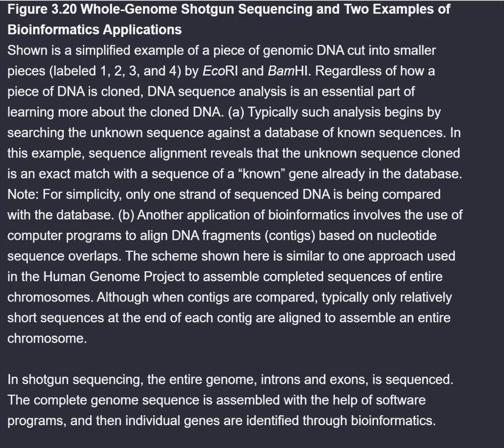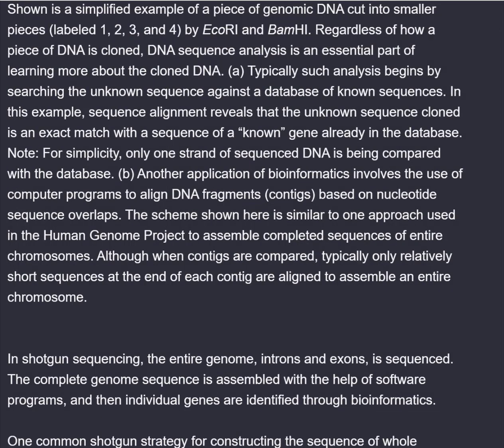Figure 3.20 Whole genome shotgun sequencing and two examples of bioinformatics applications. Shown is a simplified example of a piece of genomic DNA cut into smaller pieces, labeled 1, 2, 3, and 4, by EcoRI and BamHI. Regardless of how a piece of DNA is cloned, DNA sequence analysis is an essential part of learning more about the cloned DNA.